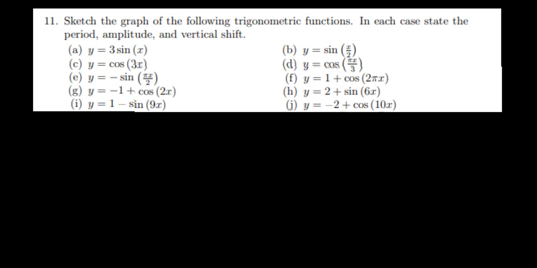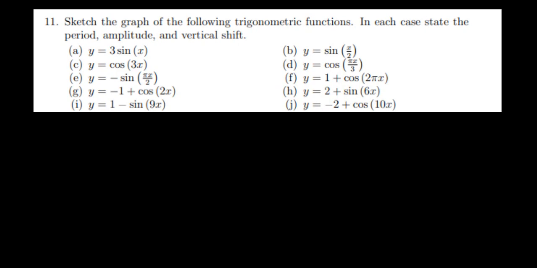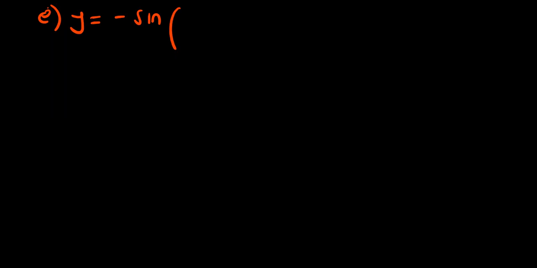y equals negative sine pi x over 2. Okay, so we're saying y equals negative sine of pi x over 2. So that is our question.